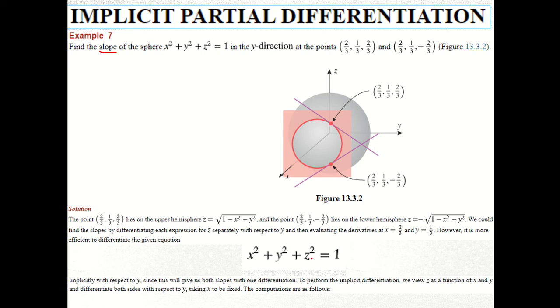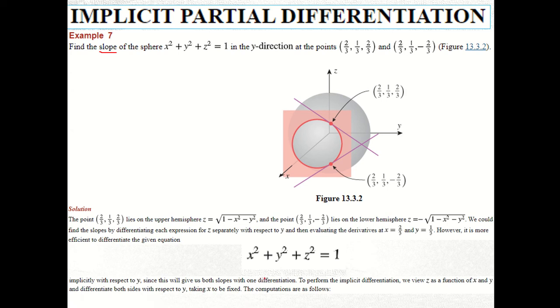So we are going to differentiate this implicitly with respect to y, since this will give us both slopes with one differentiation. To perform the implicit differentiation, we view z as a function of x and y. If you see here, there are only two other variables, so z is a function of x and y, taking x to be fixed.